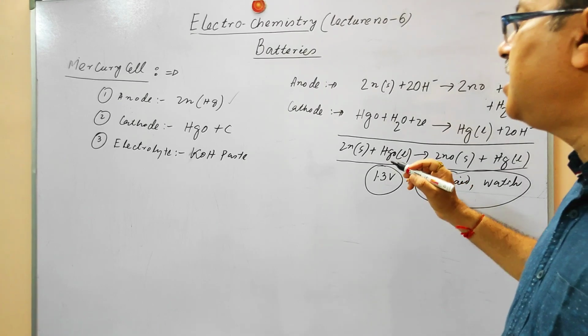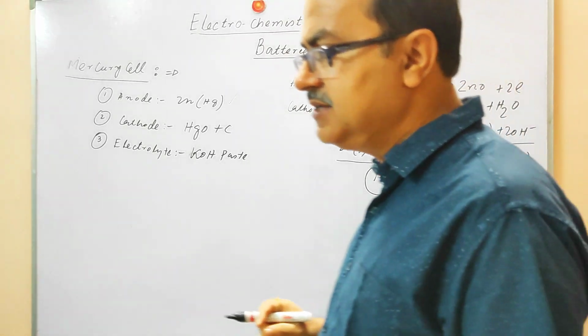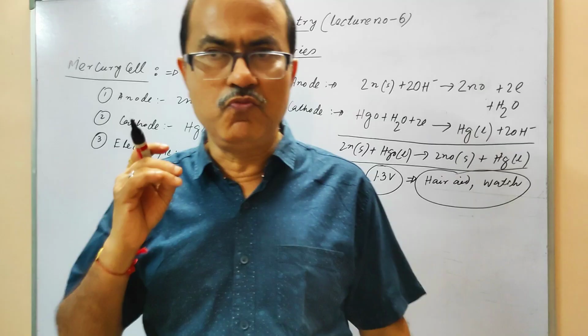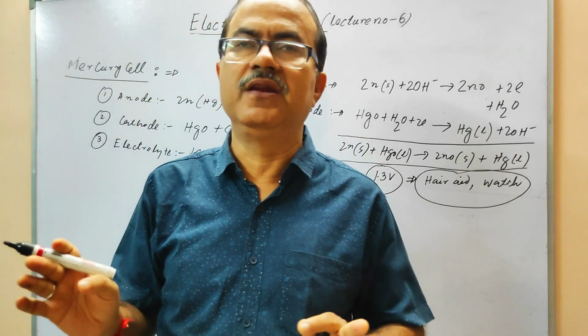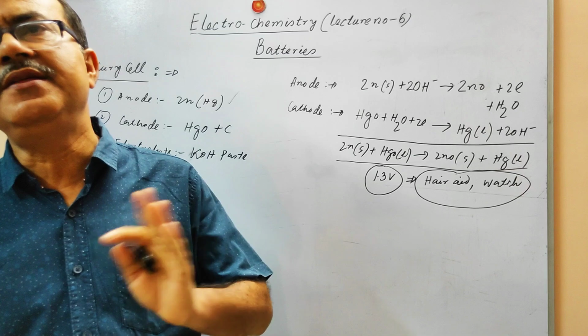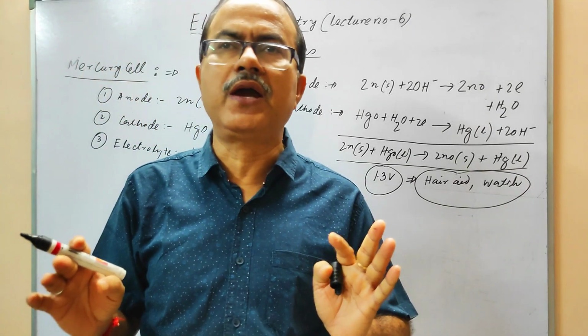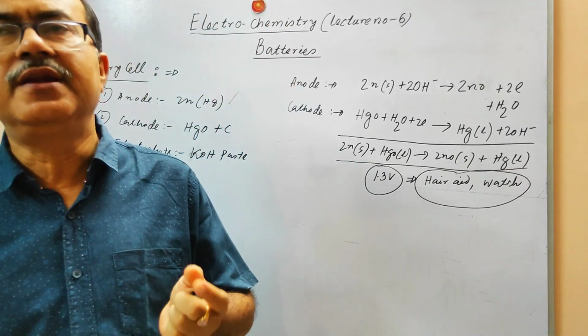So this is the mercury cell, and it has much more longevity than the dry cell, because there are no aqueous things here.